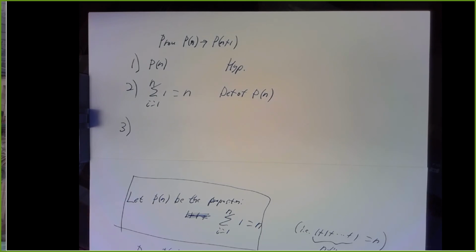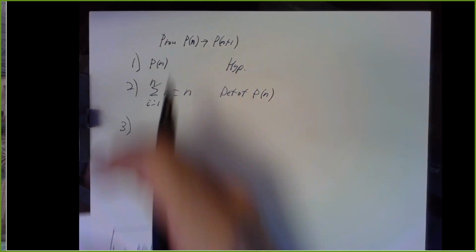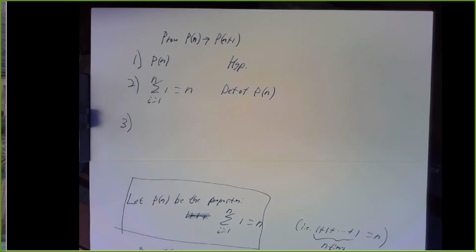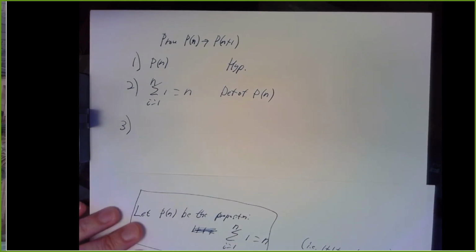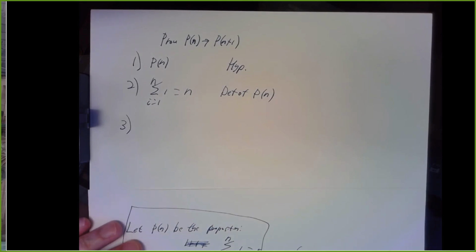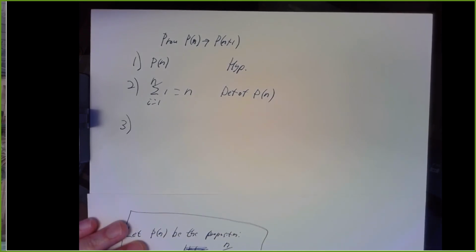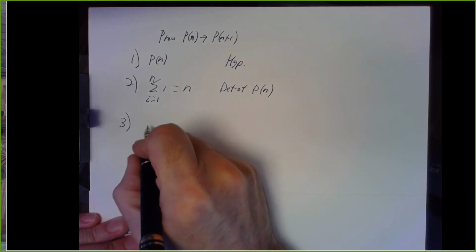And the whole trick to induction proofs is figuring out what this next step is going to be. It might be right here, it might be later down, but there's always this point where you've got to see how to twist things around. So I'm going to write something down that's absolutely true, but not necessarily clear why we're writing it. And that's going to be this.